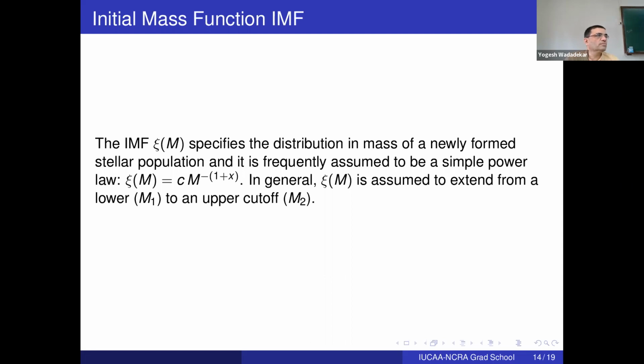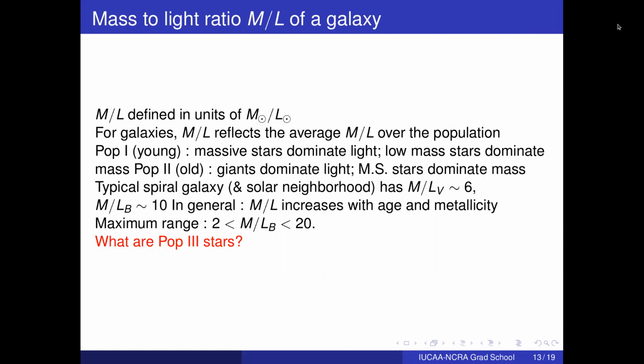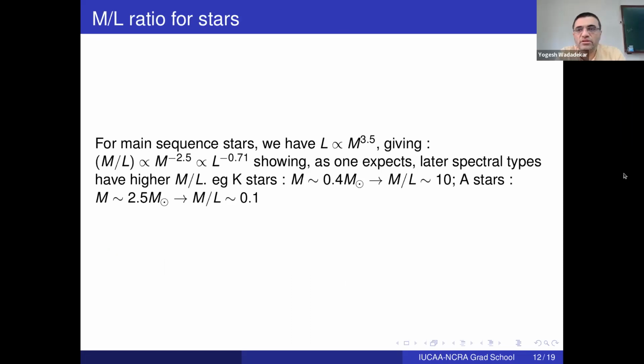The lower mass, what causes a lower mass cutoff? The nuclear fusion, the temperature and pressure required. Correct, that is absolutely right. You need a certain temperature to be reached for nuclear fusion to start. And if the gas cloud, or protostar, whatever you want to call it, has very low mass, then the temperature at the core will never be high enough to fuse hydrogen into helium, and that will be a failed star, right?